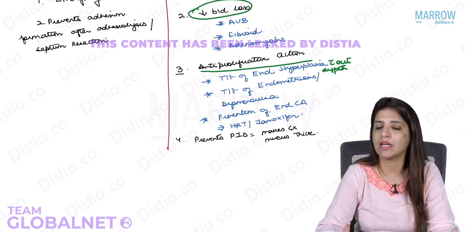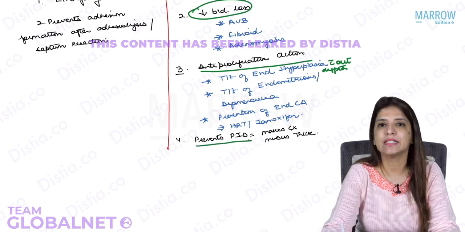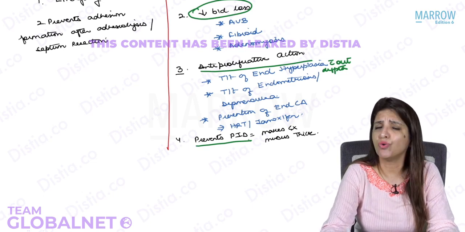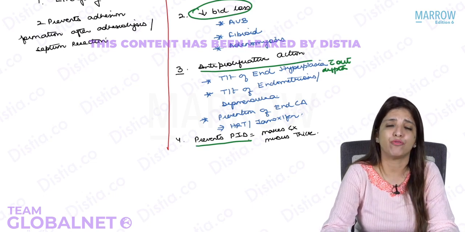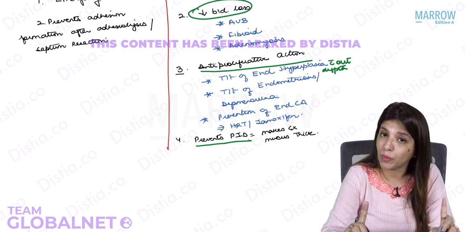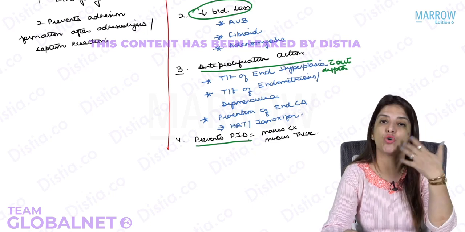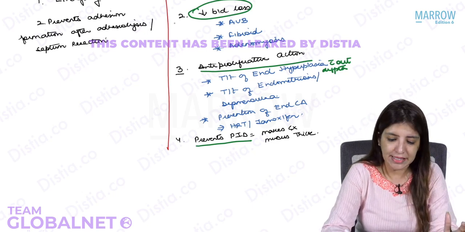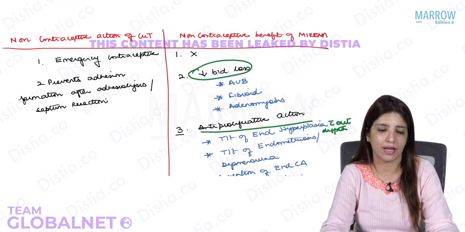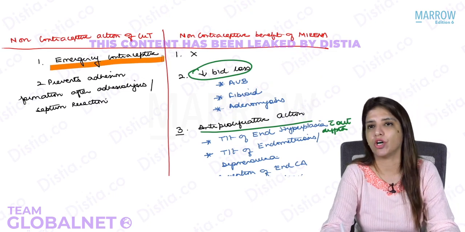Now, because Mirena makes cervical mucus thick, it can prevent PID also. Right? Now, if I ask you, do you know of any non-contraceptive benefit of copper T? Yes, there is one very important one, although I will not call it a non-contraceptive benefit, but it is one very important advantage of copper T over Mirena: it can be used as an emergency contraceptive.